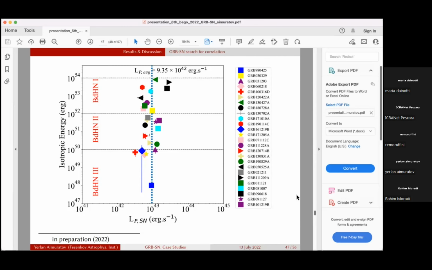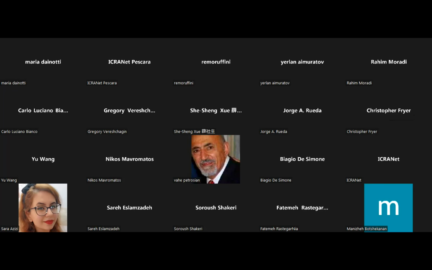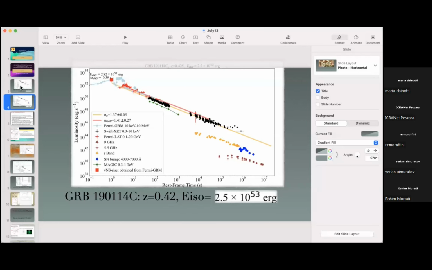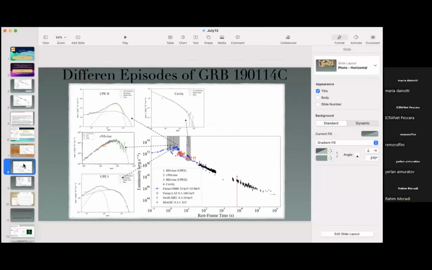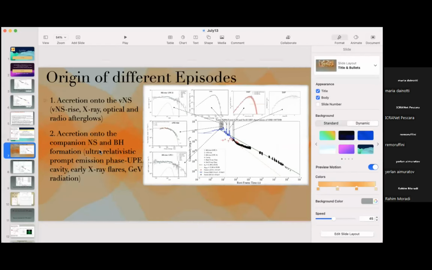Instead, in the binary-driven hypernova model, and I would like to have now the picture of Moradi of the BDHN1, and the one with the spectra, if you have, okay, that one.